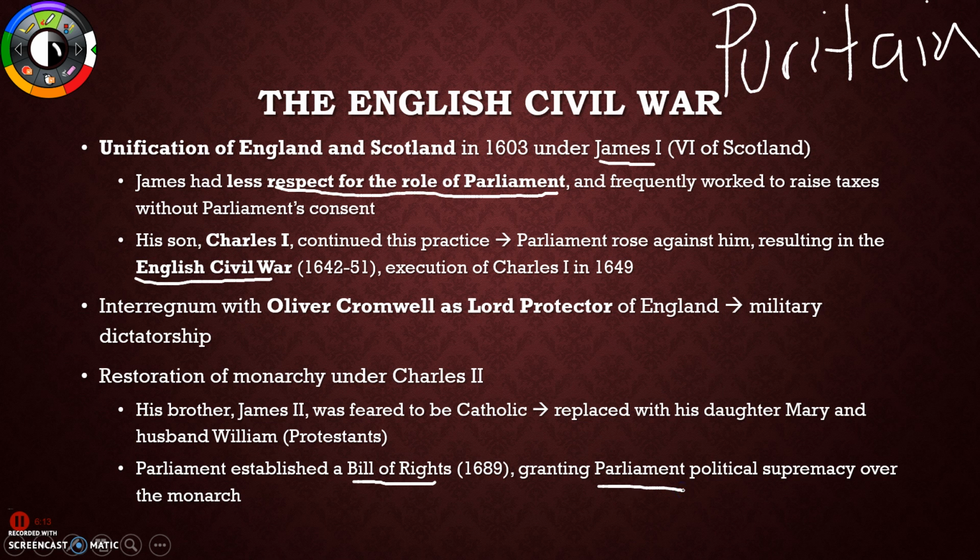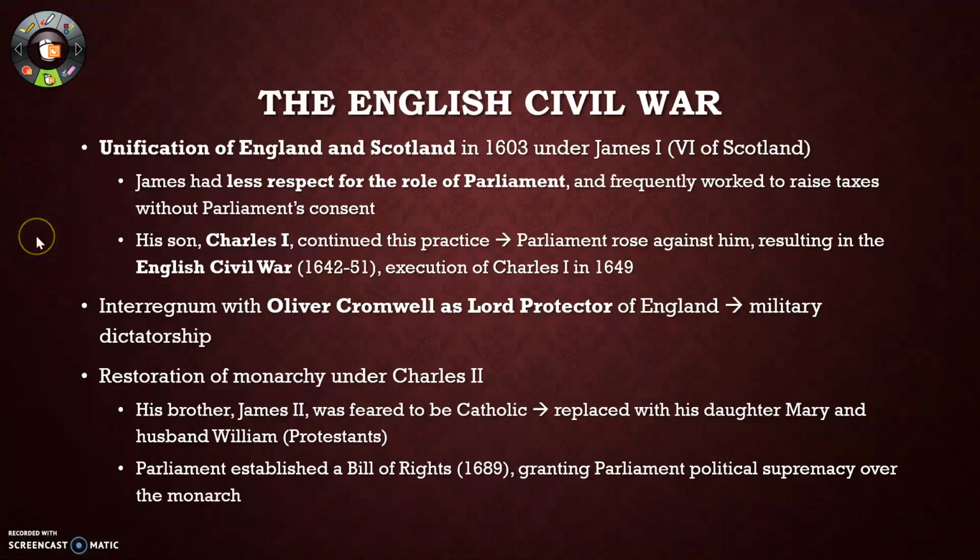And so they will invite in James's Protestant daughter and her husband, William, who is also a distant relative of the English royal family, and they will become the new king and queen of England.